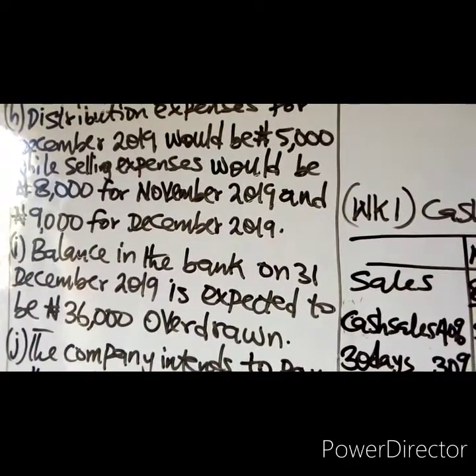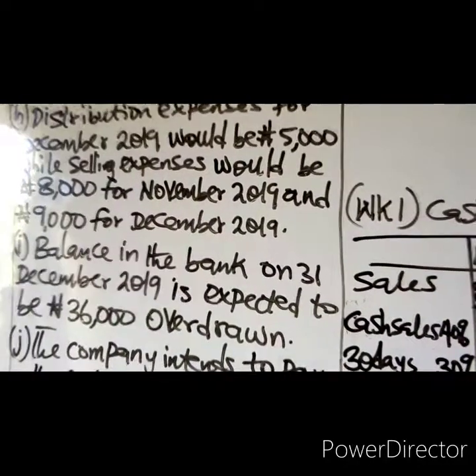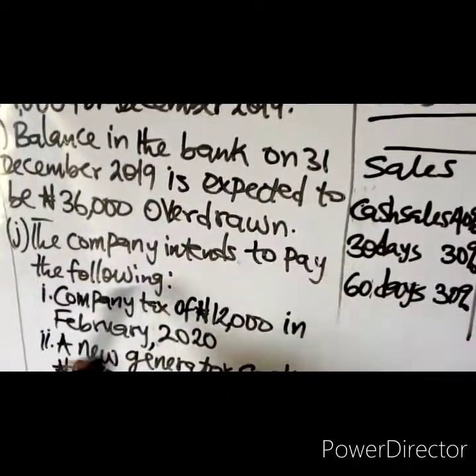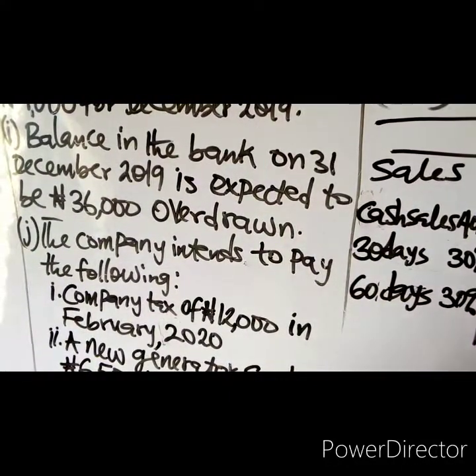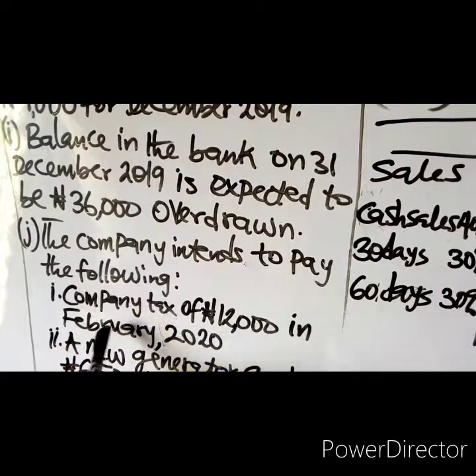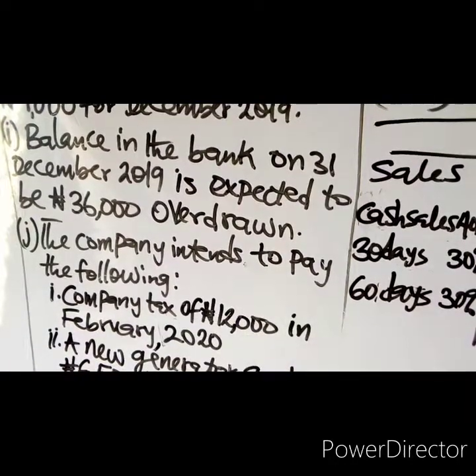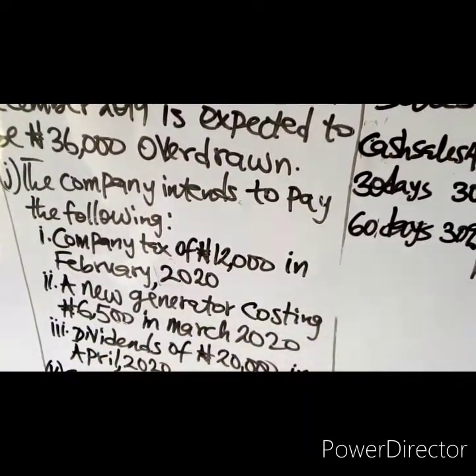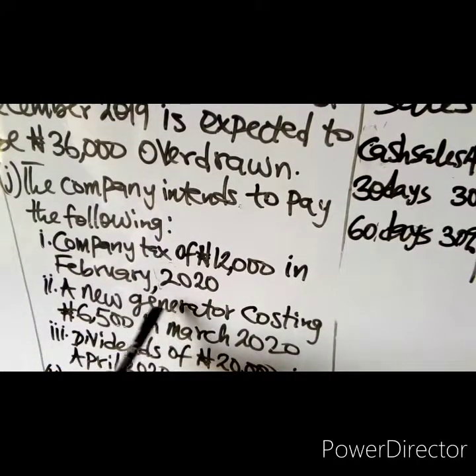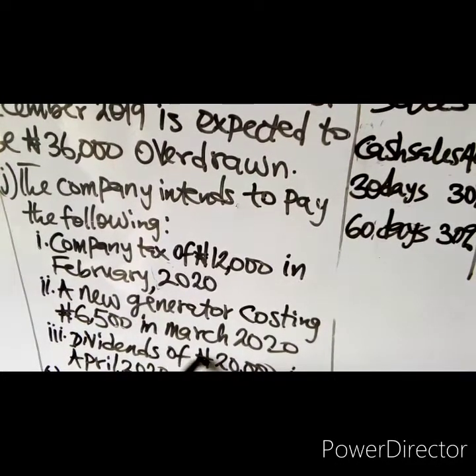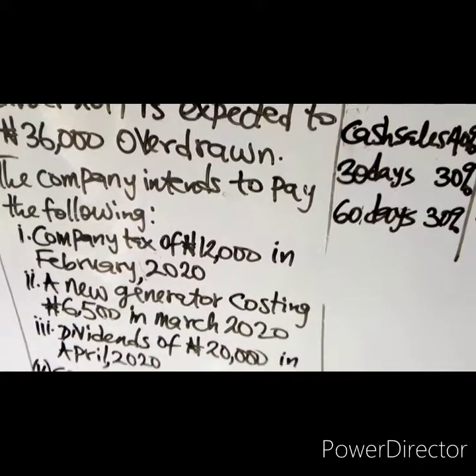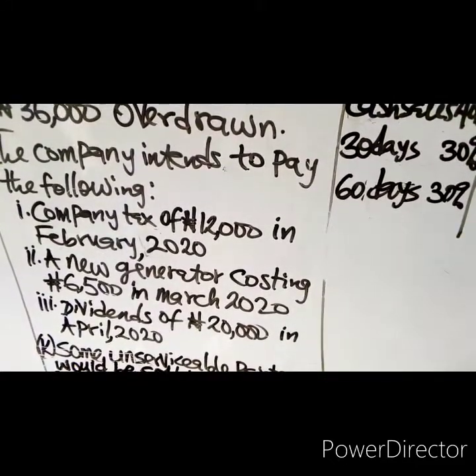That is the opening balance. J. The company intends to pay the following. 1. Company tax of 12,000 naira in February 2020. That is payment. 2. A new generator costing 6,500 in March 2020. That have to do with payment. Dividends of 20,000 in April 2020. That also have to do with payment. Note K.